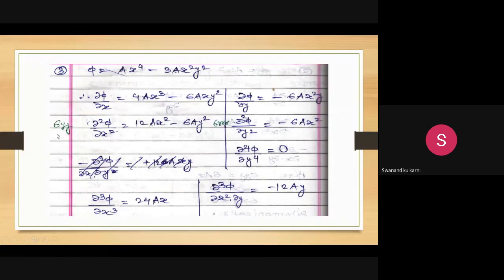Now let us try to identify sigma yy. For sigma yy, again here 12ax square and minus 6ay square, both terms are present. So this particular sigma yy is dependent on both x as well as y. Previously, plotting of sigma xx was quite easy because it is dependent only on x. But here it is dependent on both x as well as y.